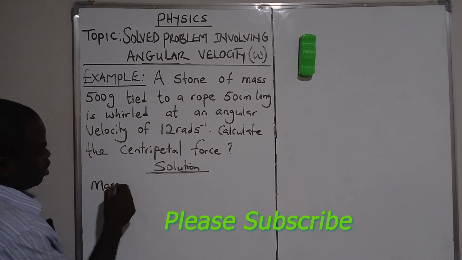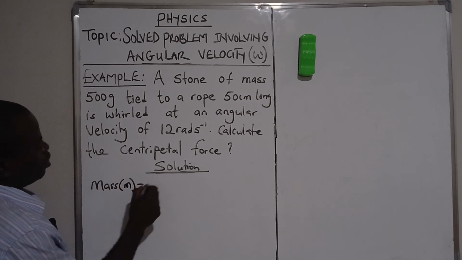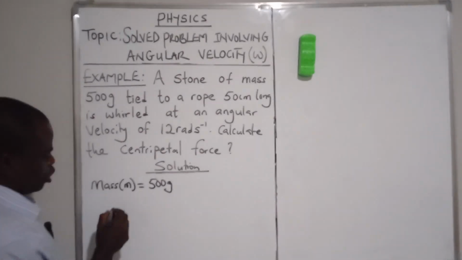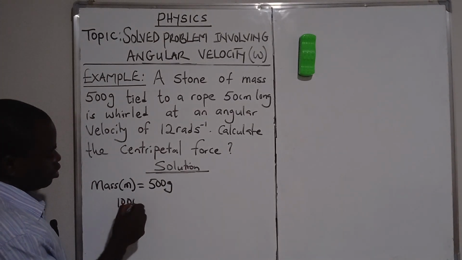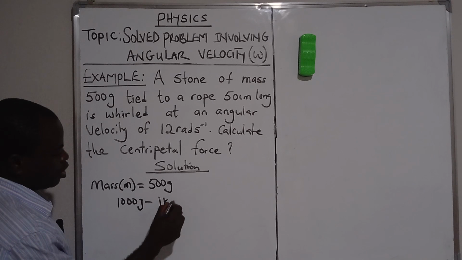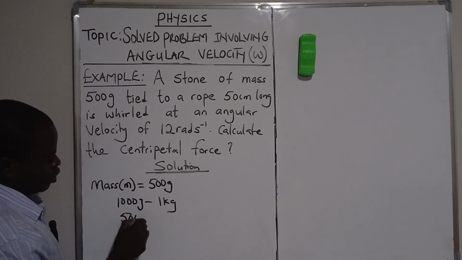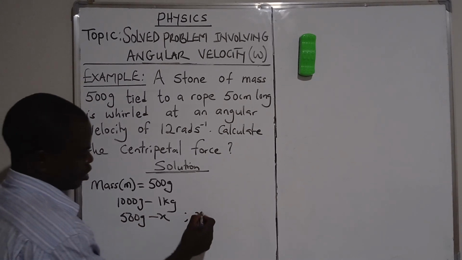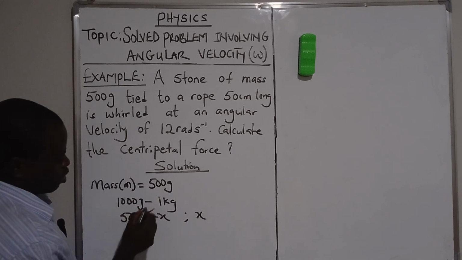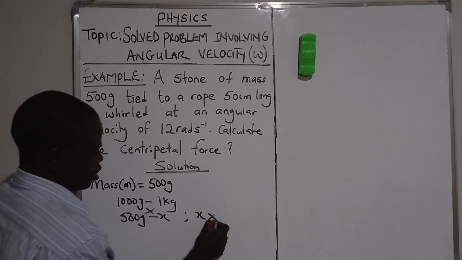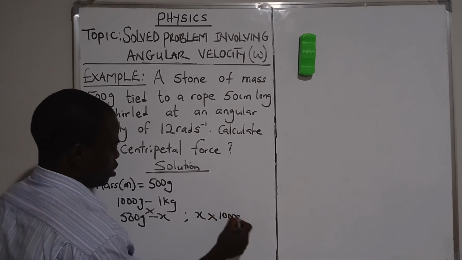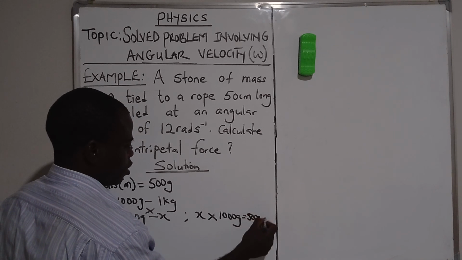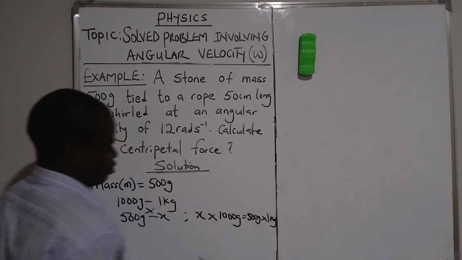Mass M is 500 gram. Convert it to the standard unit. Don't forget that 1000 gram make 1 kilogram. 500 gram is now to X. Cross multiply, just cross it like this: X times 1000 gram equals 500 gram times 1 kilogram.